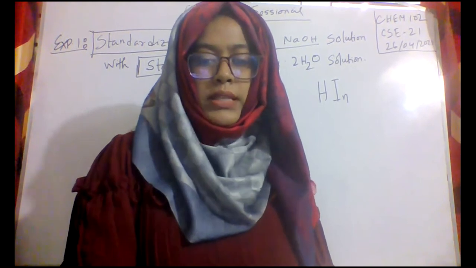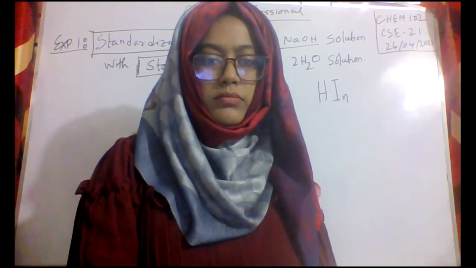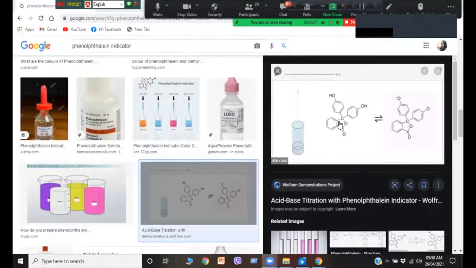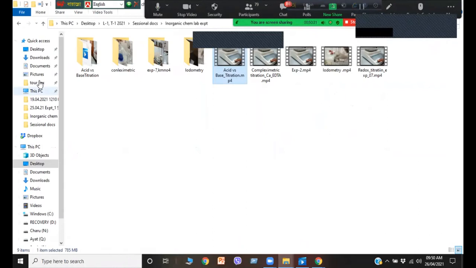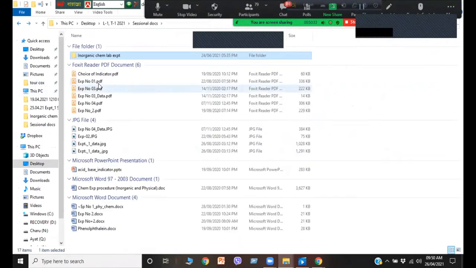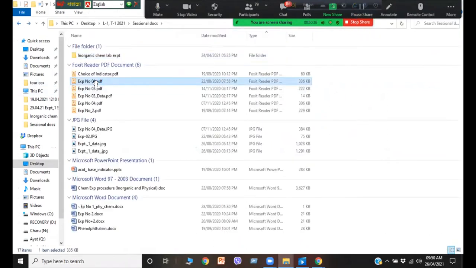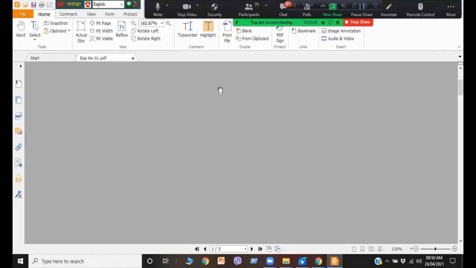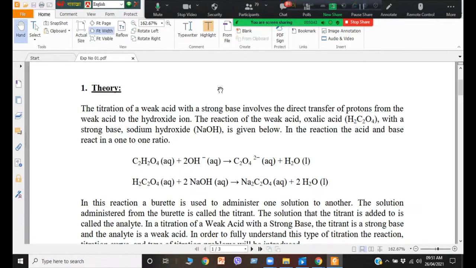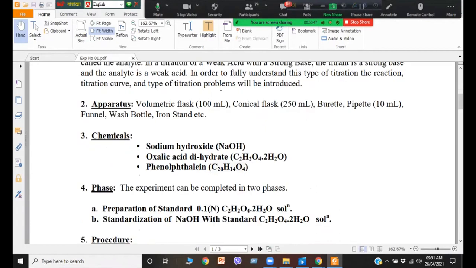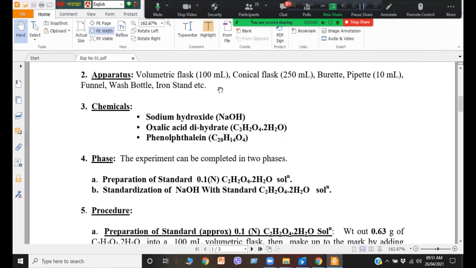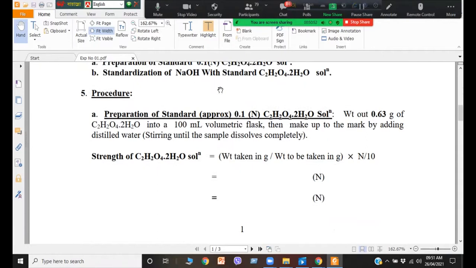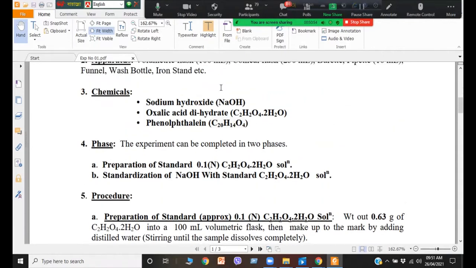Now I will show you the experimental part. Can you see this? Yes, ma'am. This experiment will be repeated again and again with other chemical species. So almost 50% is the same for other titrimetric processes, only some chemicals will be different.